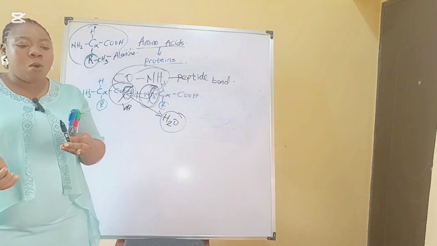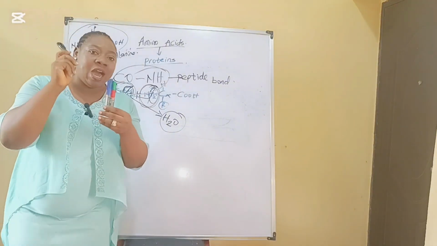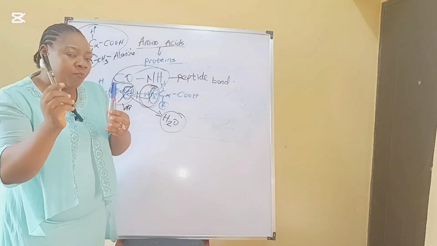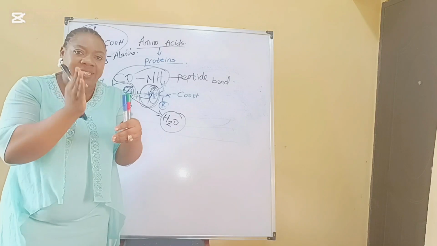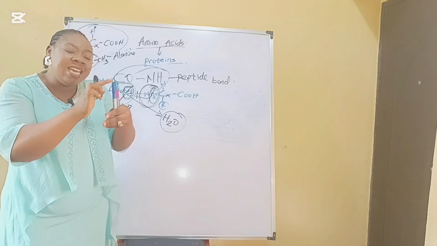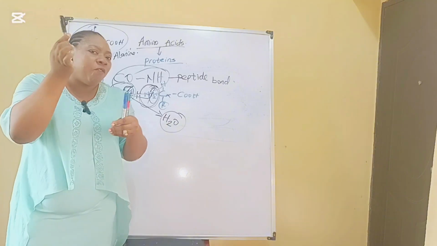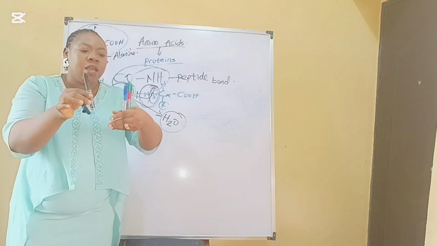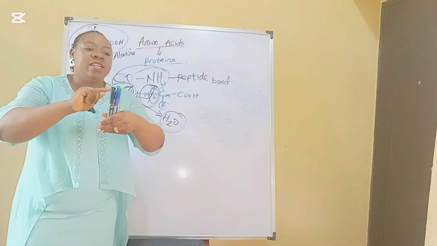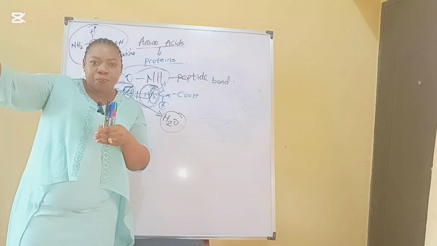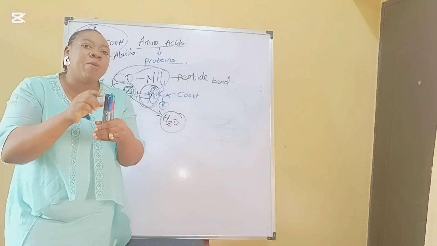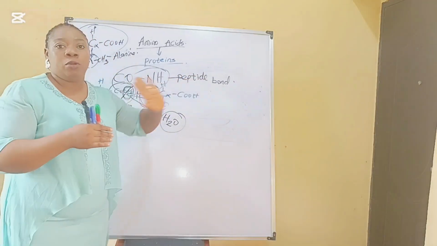If I now want to add another amino acid, which is amino acid C, between the carboxyl group of this particular amino acid and the amino group of this particular amino acid, when they join together, there will be release of water and formation of a peptide bond.